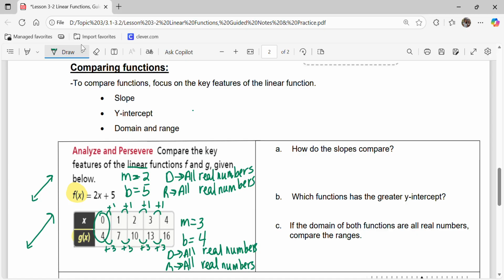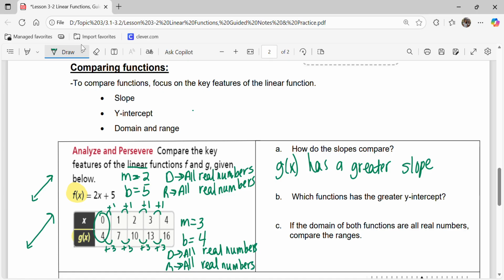So how do the slopes compare? F of x has a slope of 2, g of x has a slope of 3, so g of x has a greater slope. Letter B, which function has a greater y-intercept?